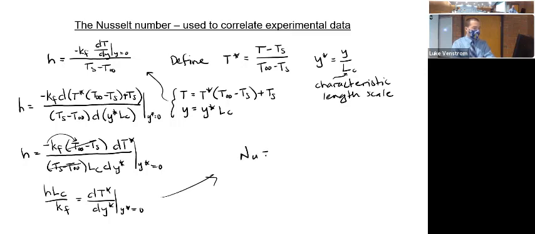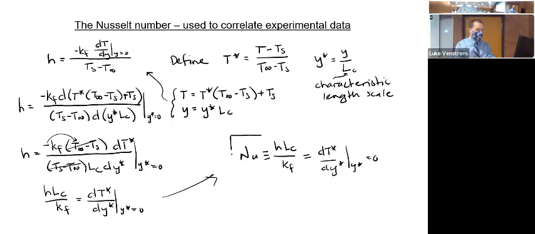This is how the Nusselt number is defined: h times some characteristic length scale over the fluid thermal conductivity. It represents a dimensionless temperature gradient at the fluid-solid interface, and that's where it comes from. So the Nusselt number says something about what this temperature gradient is. This is the critical thing to have right here.